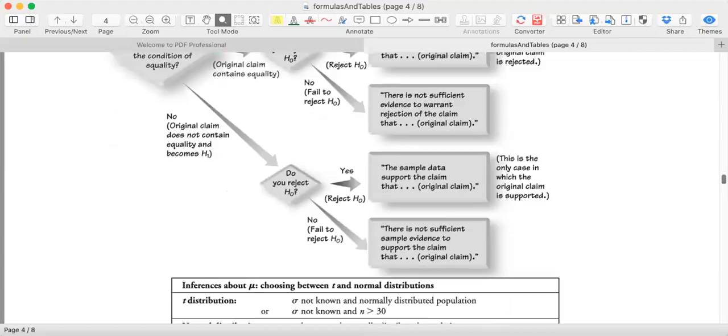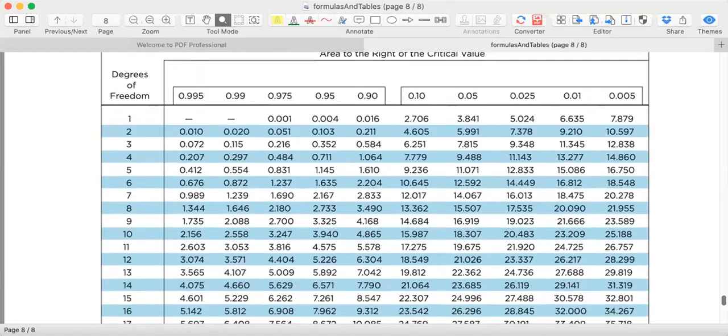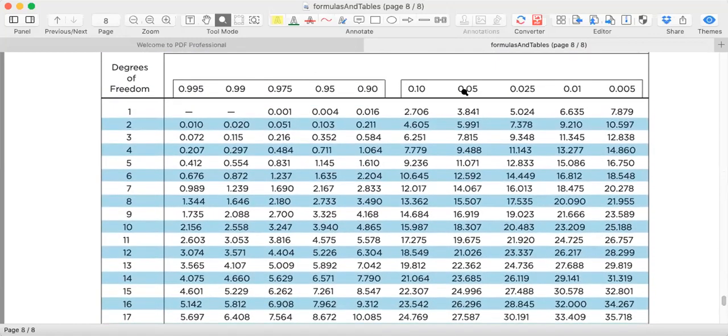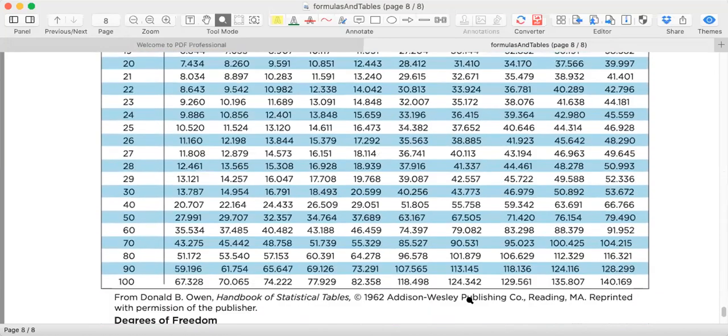Scroll down to the last table. All right, we're in the 0.05 column because the area to the right in a right tail test is 0.05. And we'll scroll down to 100, and the 100 row is the last row, and 124.342 is the value.